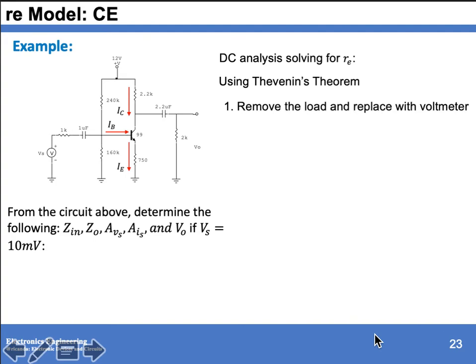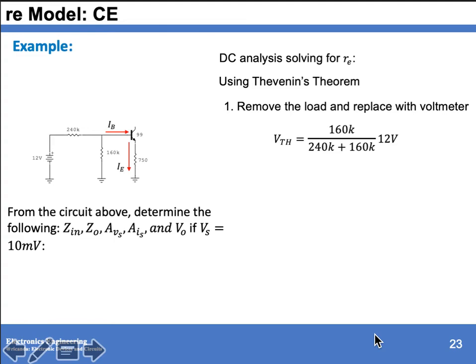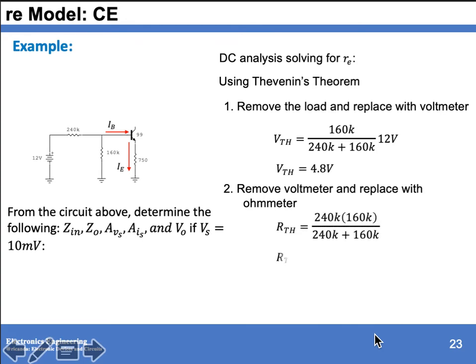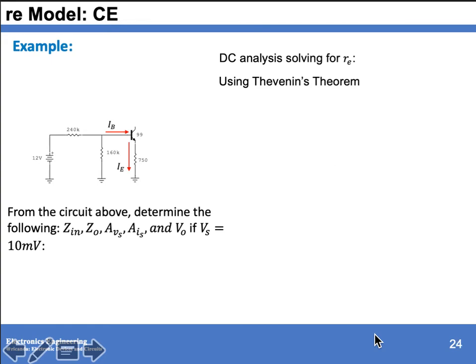So we have to remove the load and replace with voltmeter. Then therefore we have your VTH equivalent to 4.8 volts. And we have to remove the voltmeter and replace with ohmmeter. Then we have RTH equals to 96 kilo ohms. And we have to redraw the circuits. So this is now our Thevenin circuits.